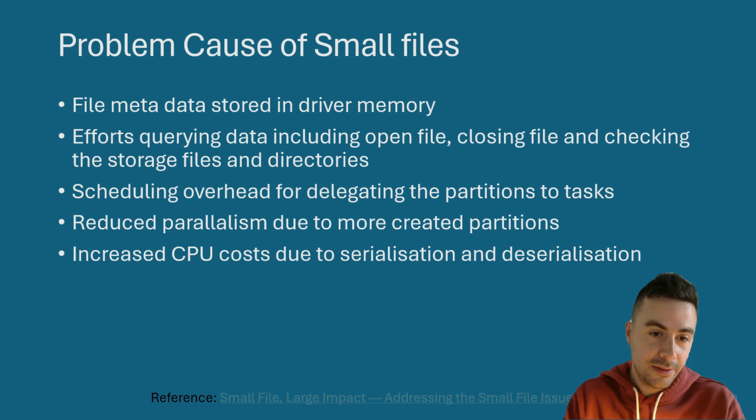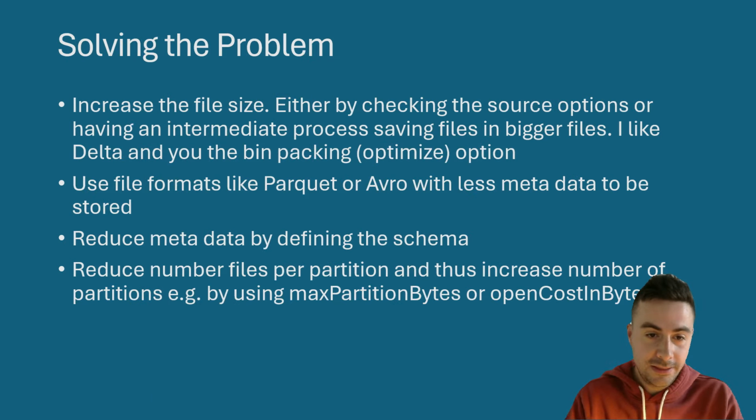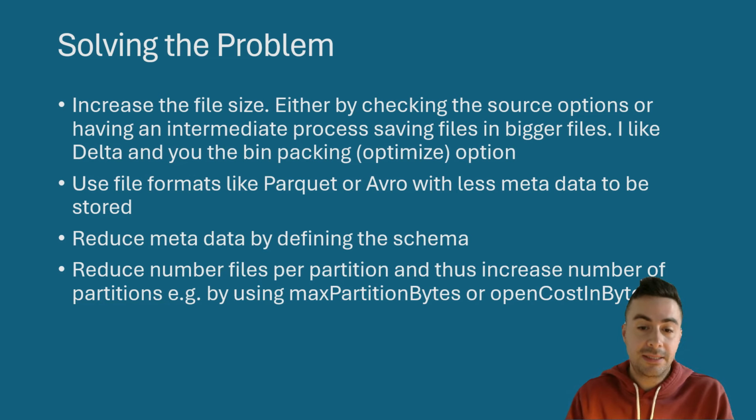And the other thing is you can reduce the metadata by defining the schema. And also the number of files per partition might be an issue. We're going to see in a bit that especially with openCostInBytes, a configuration in Spark, you can reduce the number of files per partition, and this might at least decrease the issue a little bit.